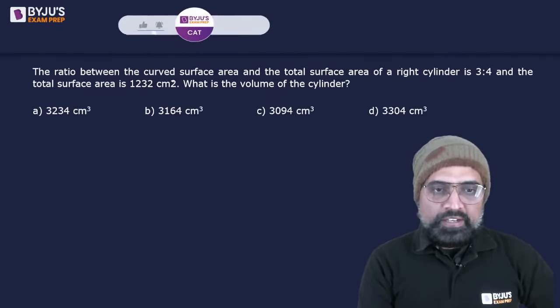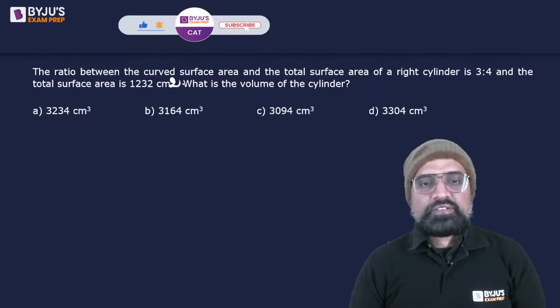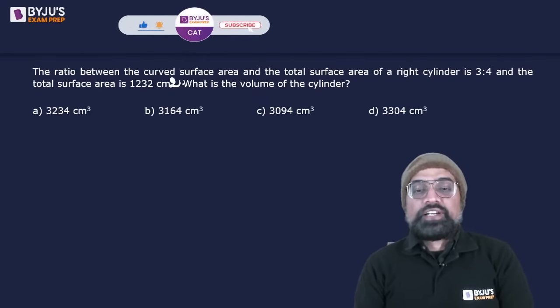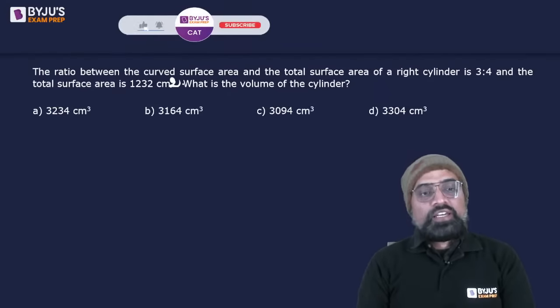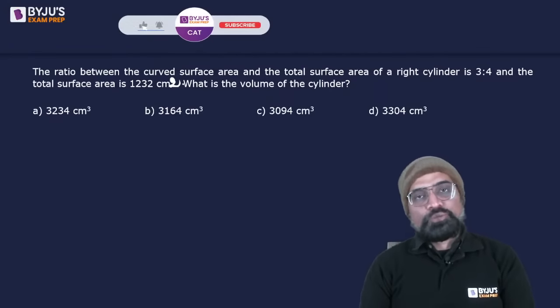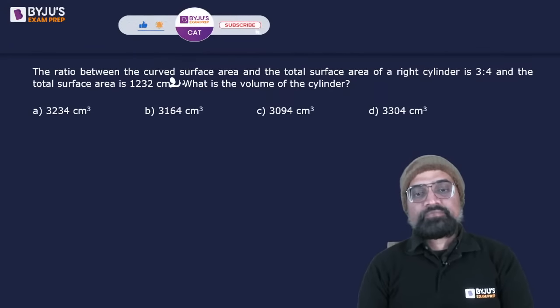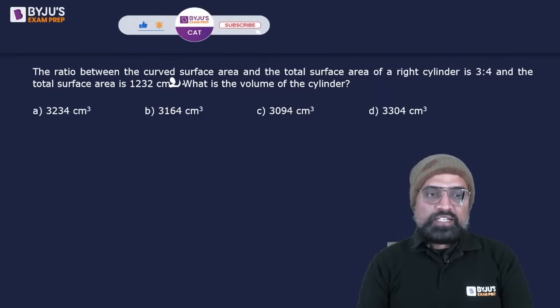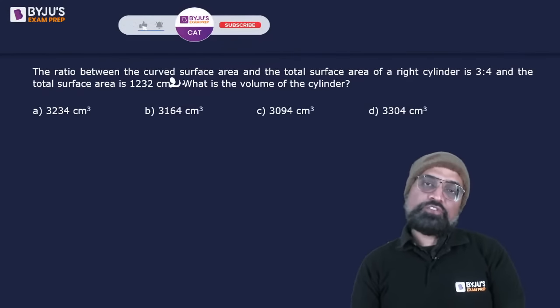So this is square here. Okay. The ratio between the curved surface area and the total surface area of a right cylinder is 3:4, and the total surface area is 1232 centimeters square. What is the volume of the cylinder? So going by the options, we very much know that pi is not useful here, because in the total surface area also you have pi, and in the volume also you have pi.